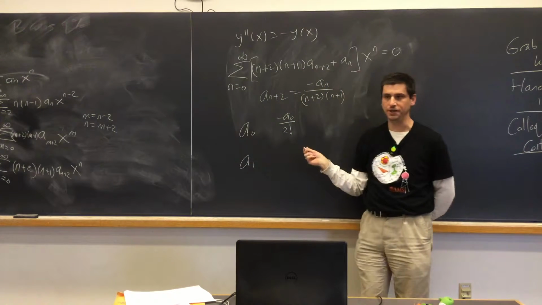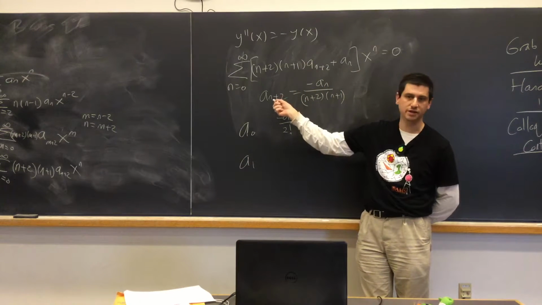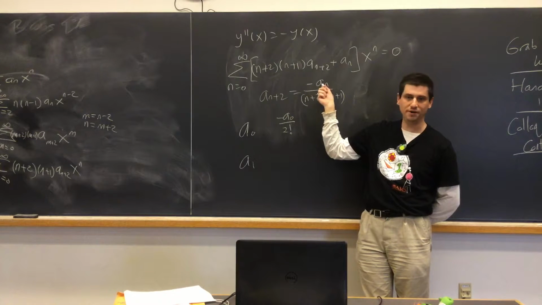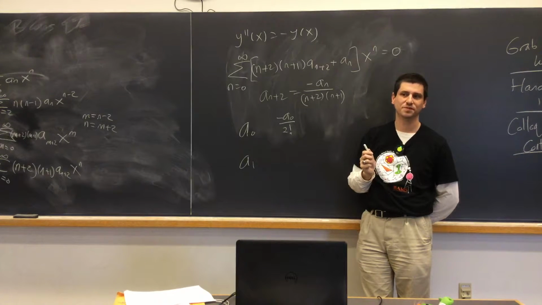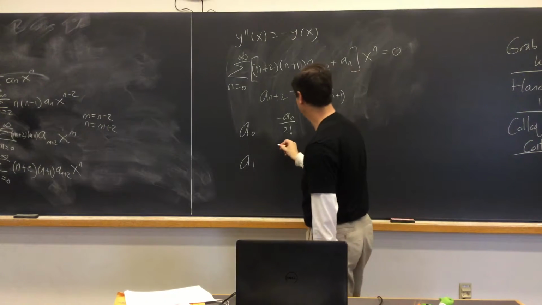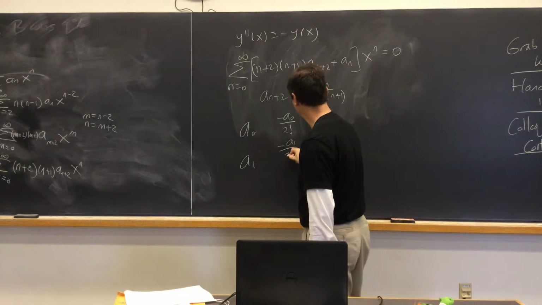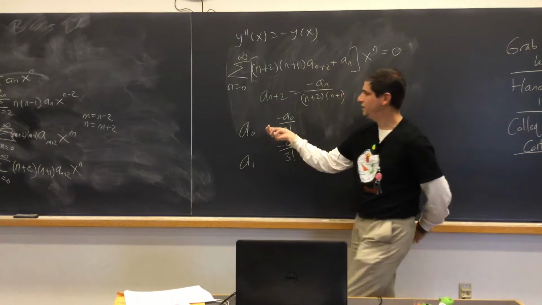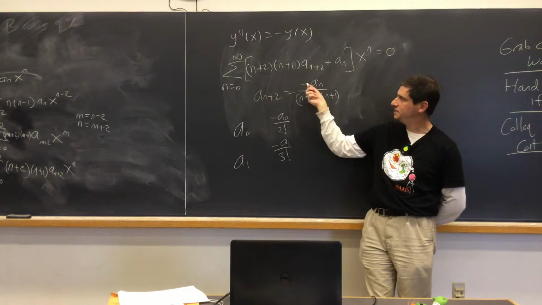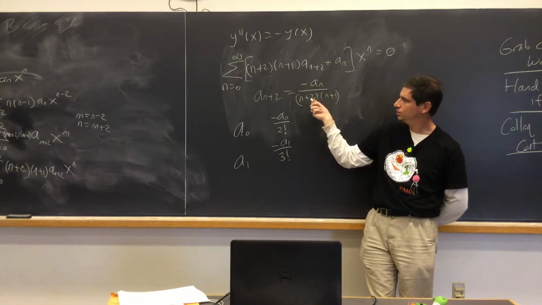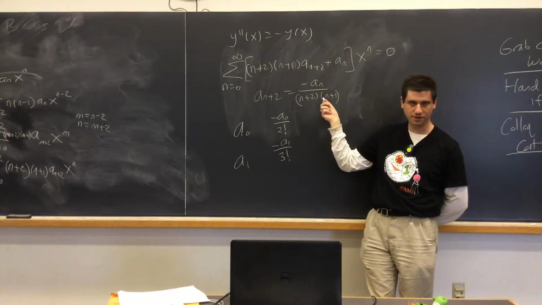What about a3? Well, a3, I have a1 here, so it'll be negative a1 over 3 times 2. What's 3 times 2? Turns out it's 3 factorial. So I'll get negative a1 over 3 factorial. Now let's look at a4. a4 is going to be negative a2 over 4 times 3.